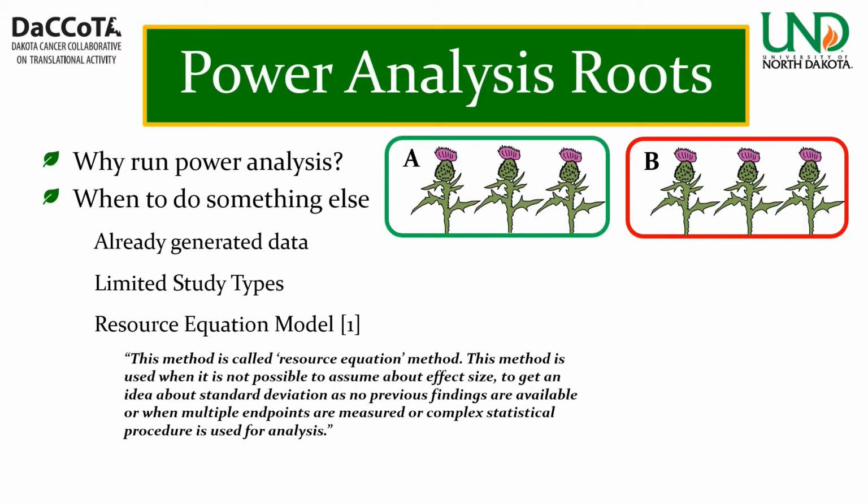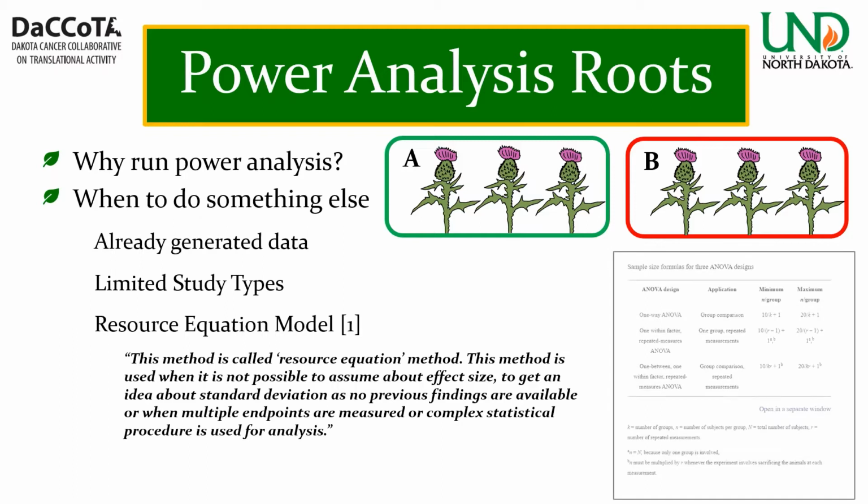It helps you get a good ballpark of animals per group without using too few animals, that is, not finding a true effect if it's there, or too many animals and wasting animals that you don't need to. And here are some examples of sample size formulas for ANOVA designs that the paper mentions. You can see here that K is the number of groups and N is the number per group. So depending on design, you will have different amounts.